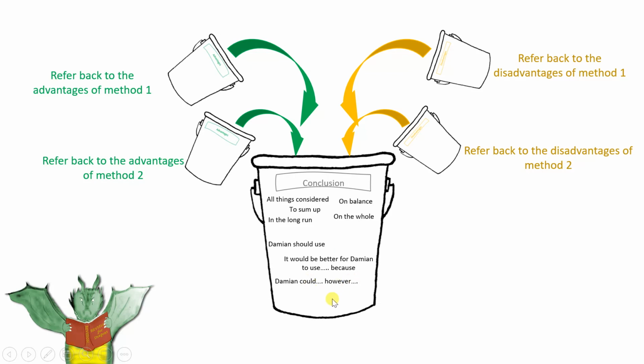So that, my friends, is how to approach the 6-mark question. You follow the bucket method, the colour-coded buckets. So first of all, as a revision, you go through and do your advantages green and disadvantages yellow buckets and see which are the strongest for you. Then you've got to remember the high value purple bucket, because those are your connectives, because you want to link the two.